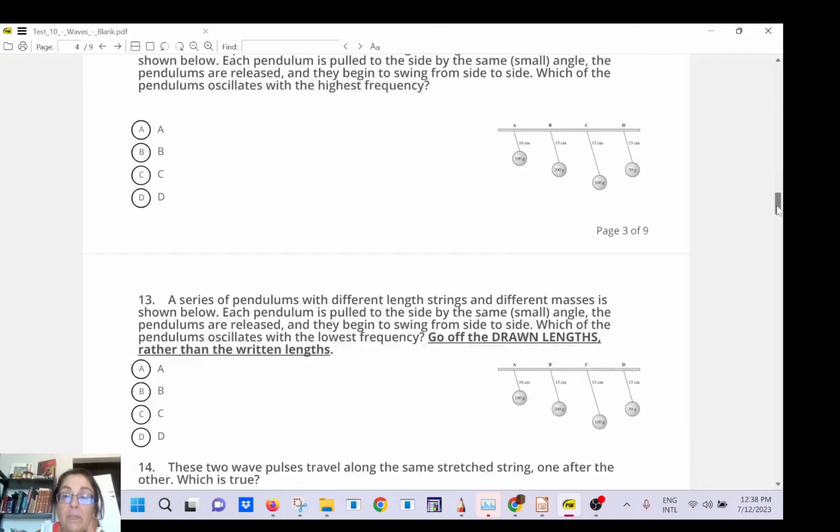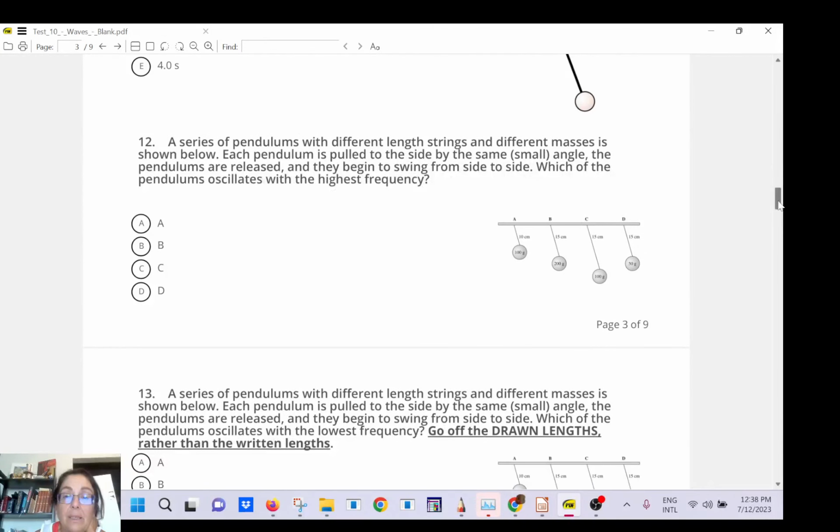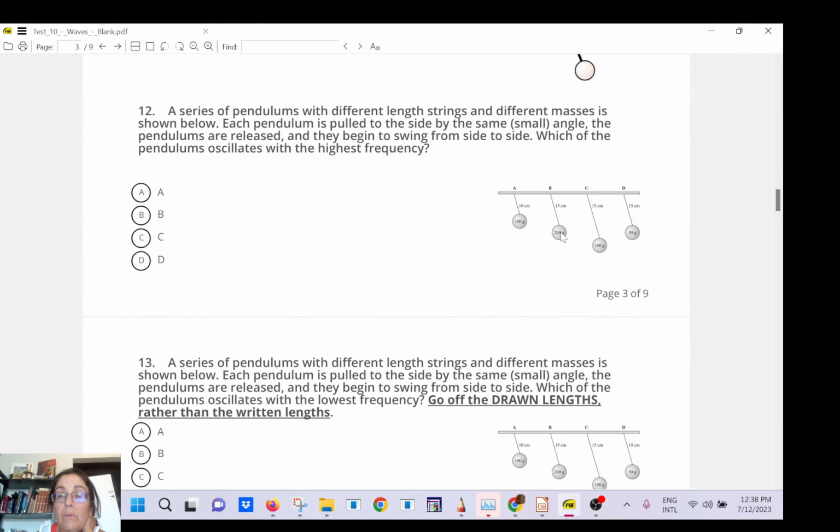And all that we already did together. And here, for example, if you have all those pendulums, they try to trick you because, for example, this one has more mass, this one has less mass. But what matters here is the length. If it's on the same planet, it's just the length, okay? The period depends on the length.